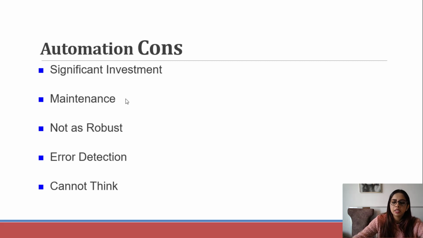So maintaining the code based on the changes happening with the project is very important, and that is certainly a significant piece of work which needs to be done as a part of having automation in the team.